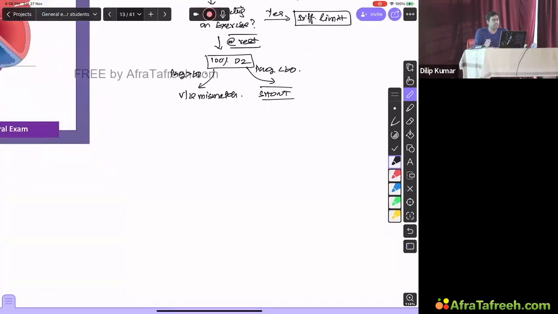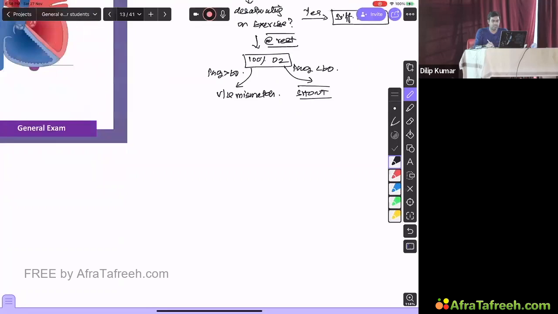Once again, there are multiple causes. For example, what are the causes of VQ mismatch? VQ ratio can be more than 1 or less than 1. Let us assume you have an alveolus and a capillary where the VQ ratio is less than 1.